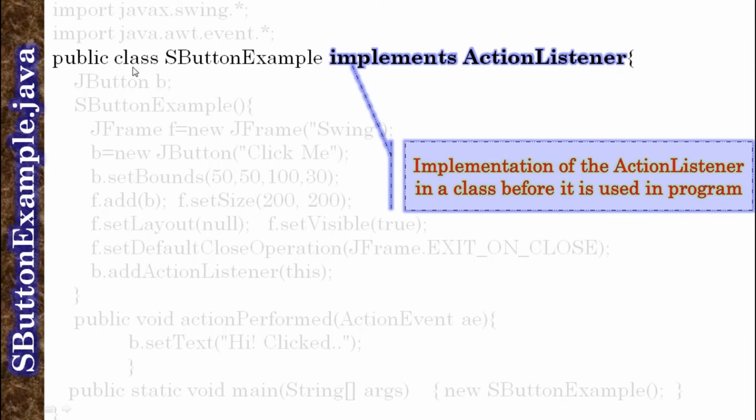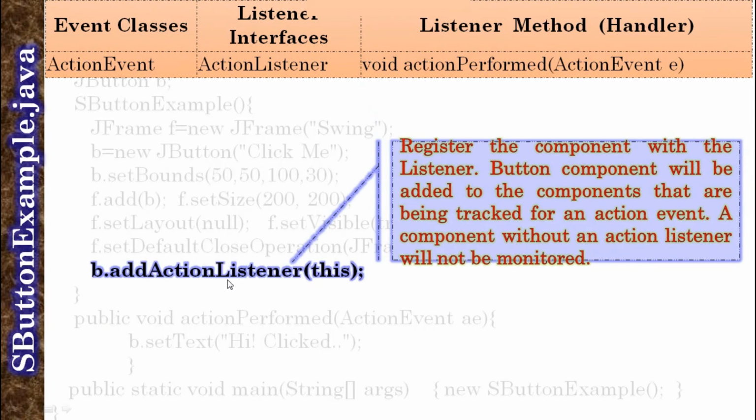That means public class name followed by the implements keyword followed by the listener interface name. If you implement the listener interface here, then inside the constructor you just have to register the component with the corresponding interface. No need to create the anonymous class inside it.